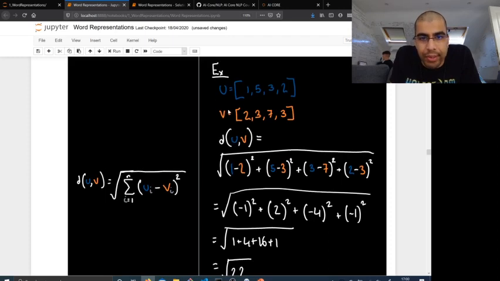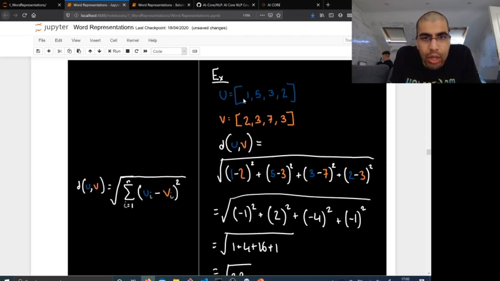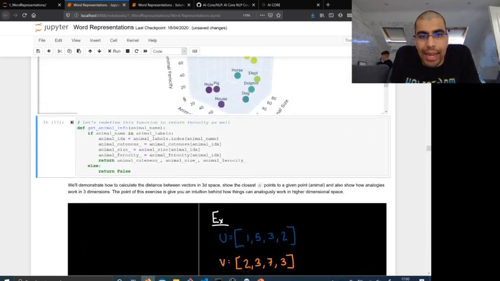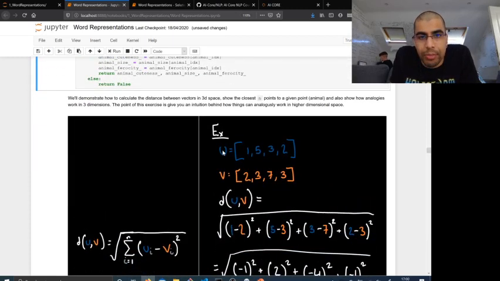We have an example here on the side. We have two vectors which we want to work out a distance between. In this case, the two vectors are two animal vectors, and the elements in those vectors are the cuteness, the size, and the ferocity.